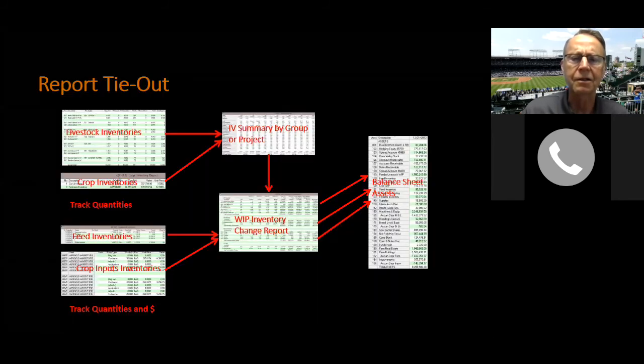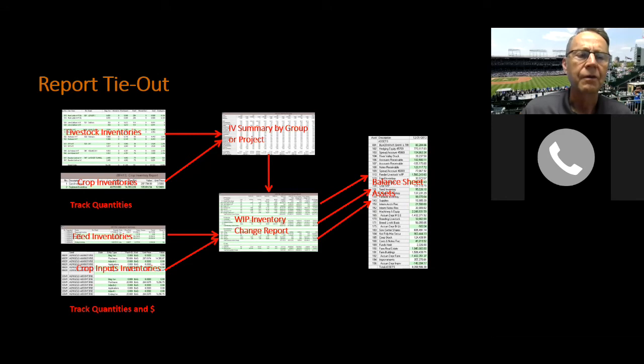So I've got a schematic that describes this. So here are the reports you have available. Here's a livestock inventory report, a detail inventory report, and a crop inventory report for our work in process inventories. Here, all we're concerned about is making sure the quantities tie out.